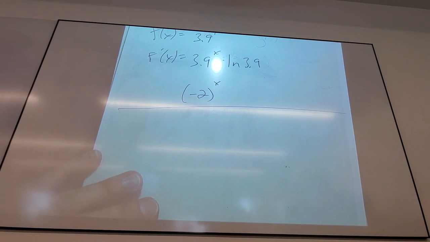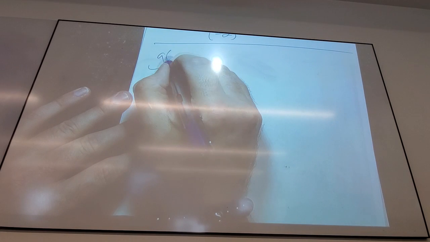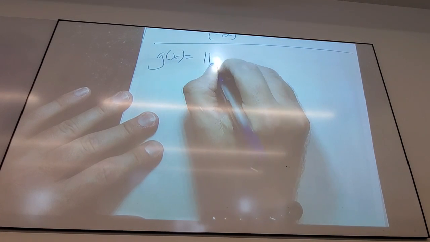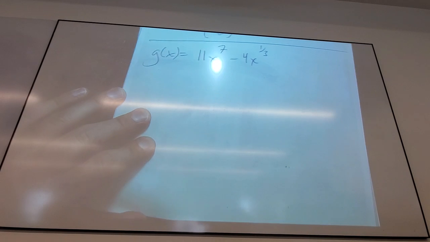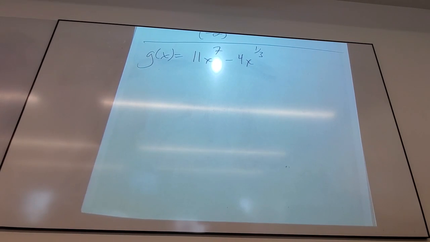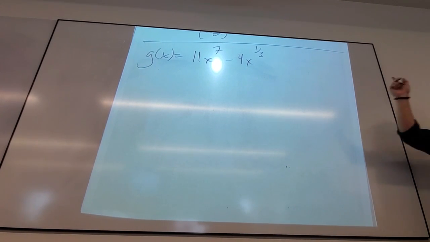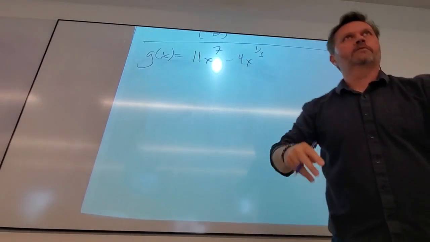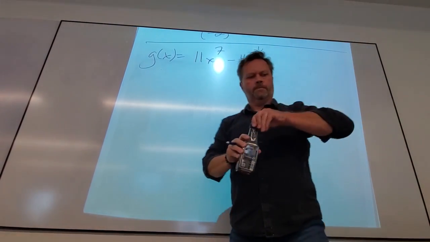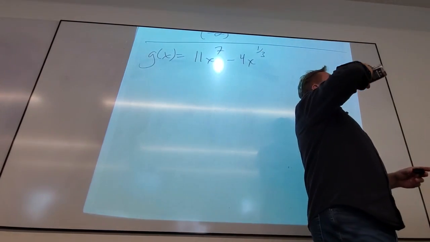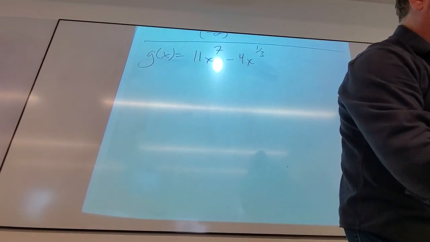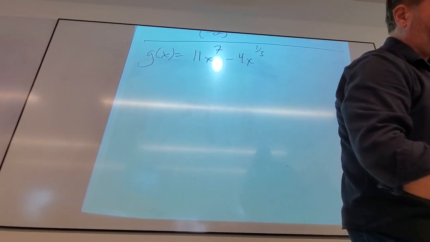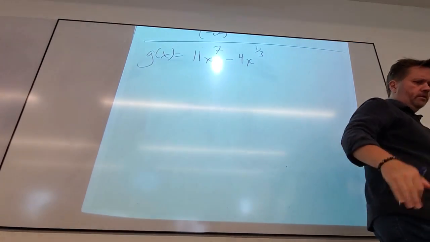So what do we know so far? If I gave you a function like this, can you tell me the derivative of that? Take a second and take the derivative. Yeah, that's right.